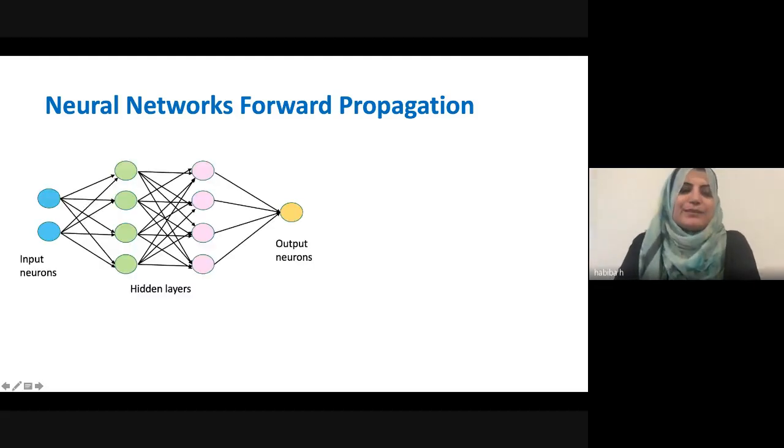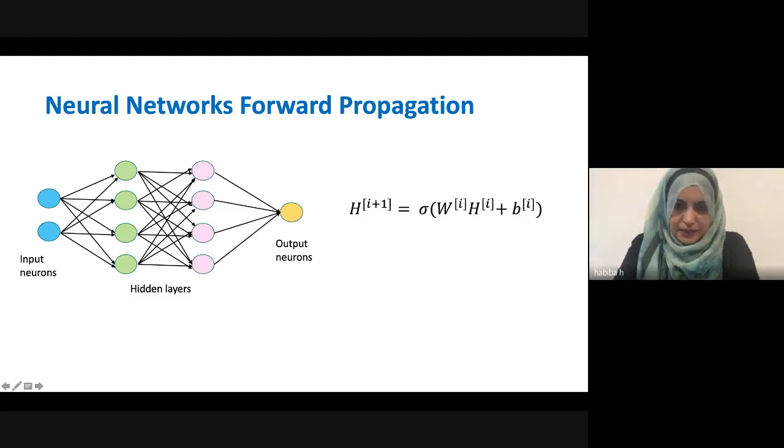I will briefly touch on how we understand neural networks and forward propagation. Usually you have input neurons, some output neurons, and some hidden layers which have weights that you want to train. They are usually represented by this equation.